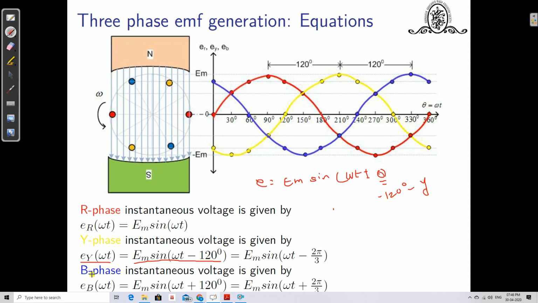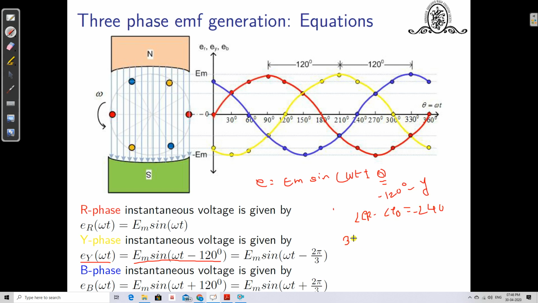Let us write down the instantaneous voltage equation for the B phase. EB is a function of omega t, EM sine omega t plus 120. This voltage is lagging the Y phase by 120, which means with respect to the R phase it is 240 degree. That is, the angle of ER minus the angle of EB is equal to minus 240.